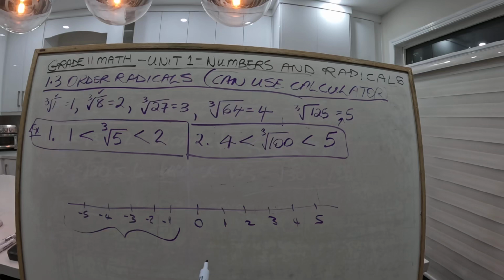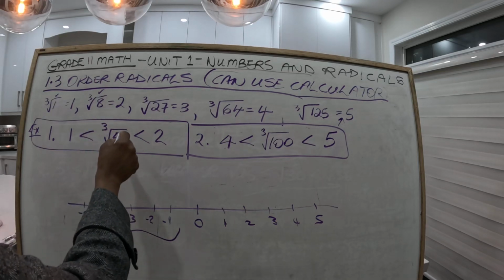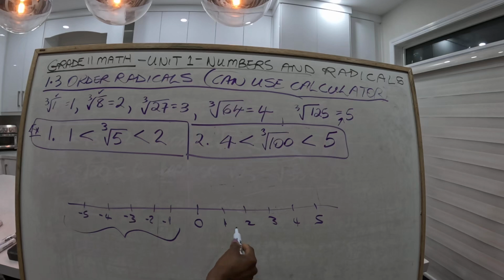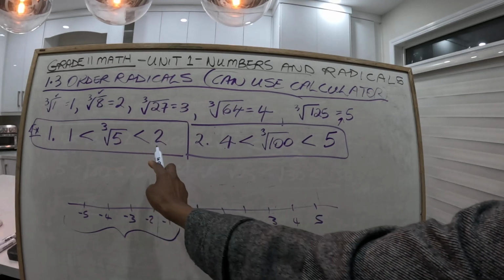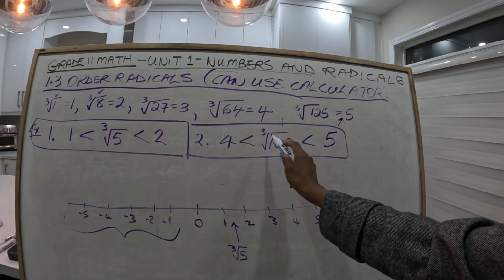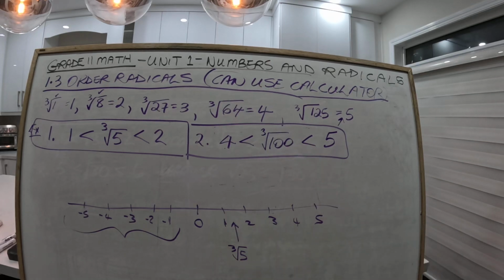If I were to locate this number, it will be between 1 and 2, so it will be here. We don't know exactly what it is, but we know it's there because it's in between 1 and 2. And the cube root of 100, we know it's between 4 and 5.